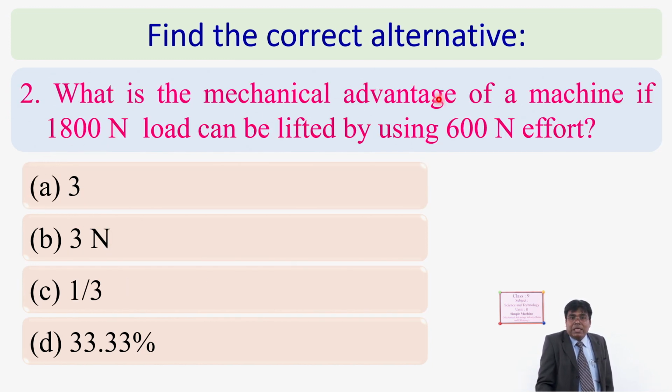What is the mechanical advantage of a machine if 1800 Newton load can be lifted by using 600 Newton effort? So again, just calculate in your mind: 1800 load, 600 Newton effort, and then see the options. 3 Newton, 1 by 3, 33.33. So 1800 by 600, that is 3. Newton cancel. Both are 3, but here is no unit. So this one is the correct.